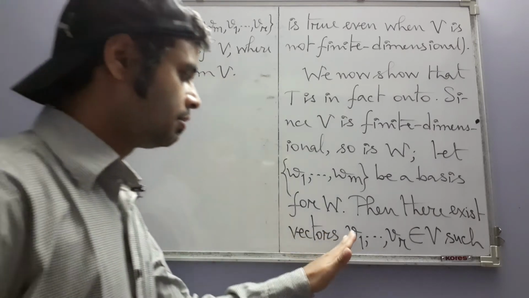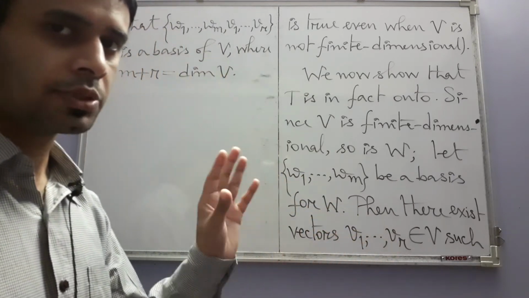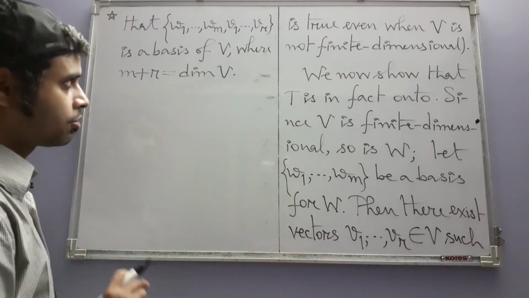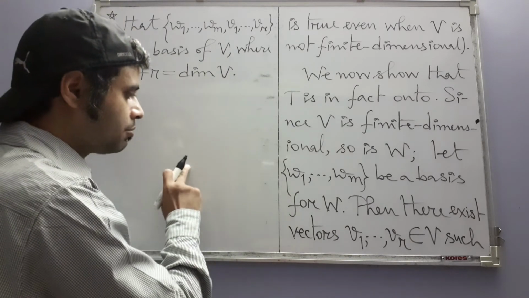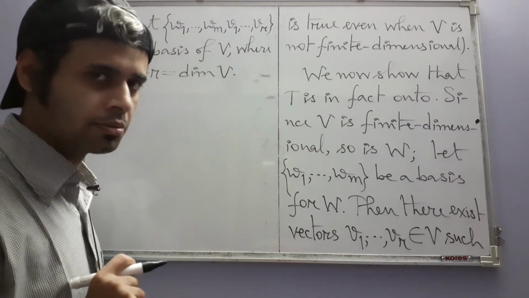So these extra vectors will span some subspace, let's call it W1. Then not only will V be a sum of W and W1, but it will be a direct sum of W and W1.